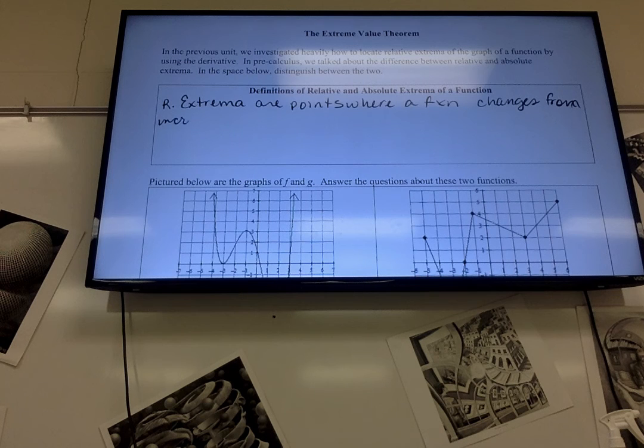from increasing to decreasing, or vice versa. So, basically where there's a hill or a valley.